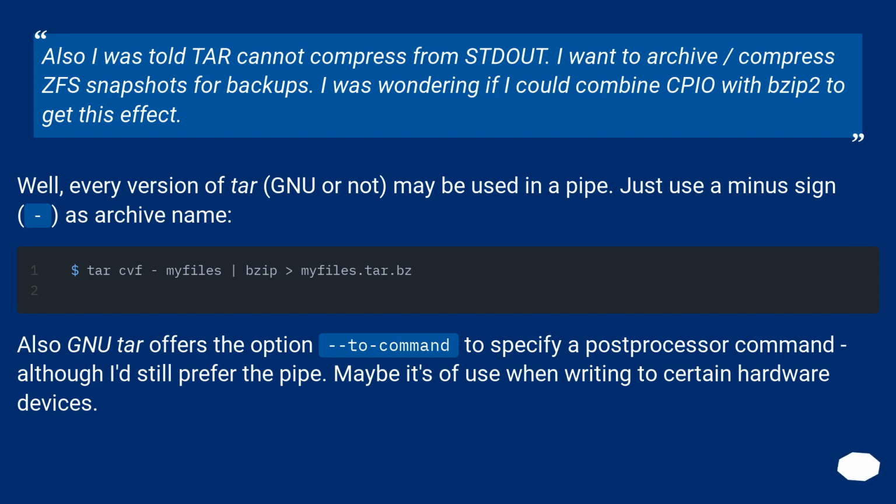Well, every version of tar, new or not, may be used in a pipe. Just use a - sign as archive name. Also, new tar offers the option -I to specify a postprocessor command, although I'd still prefer the pipe. Maybe it's of use when writing to certain hardware devices.